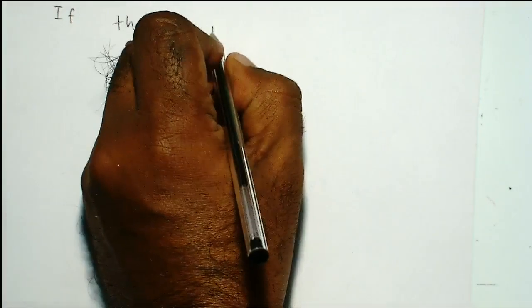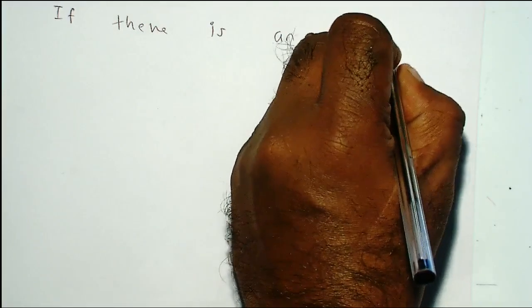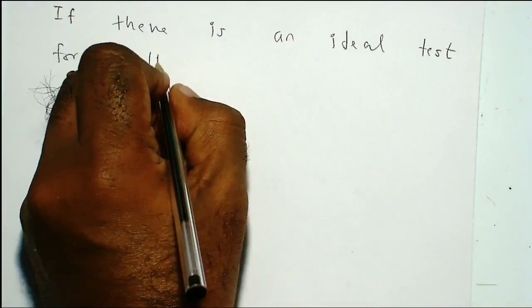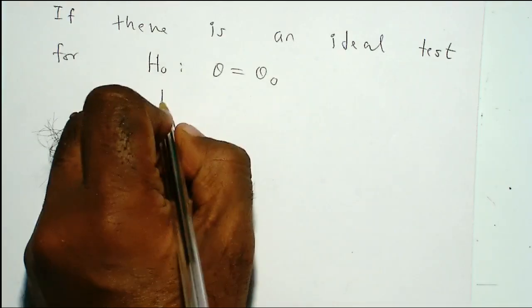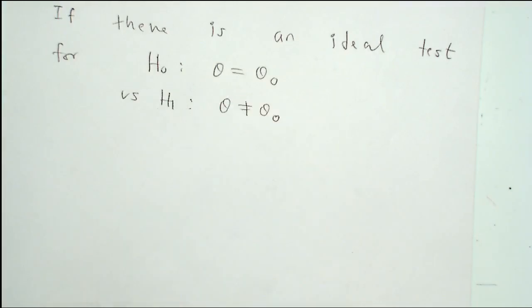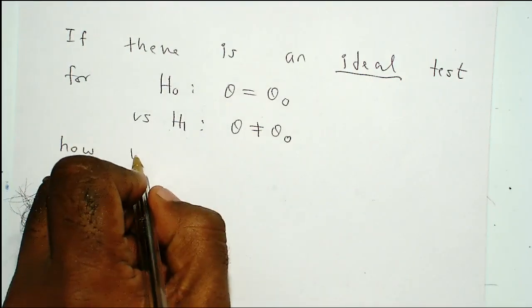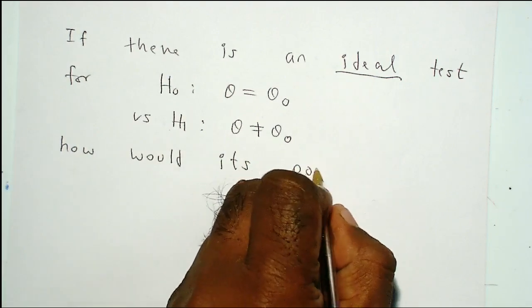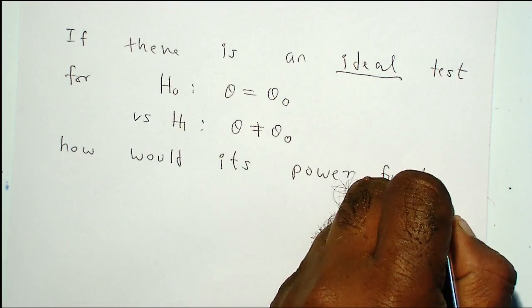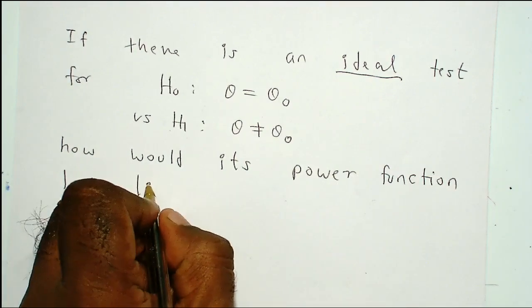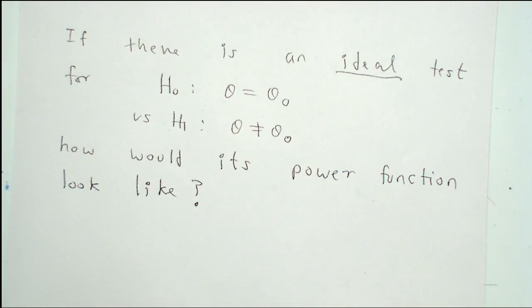Now, this is a simple question. If there is an ideal test, I know there's nothing like ideal in the world, but if there is an ideal test for this versus this, how do you think the power function will look like?